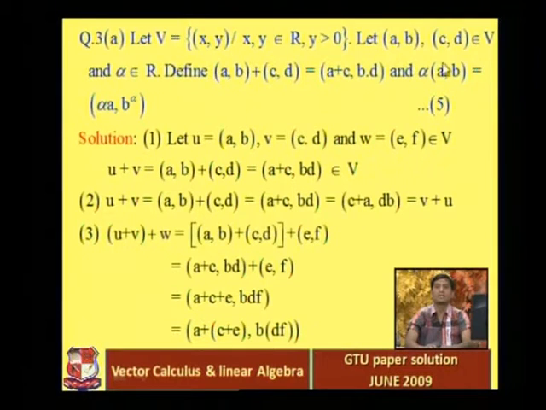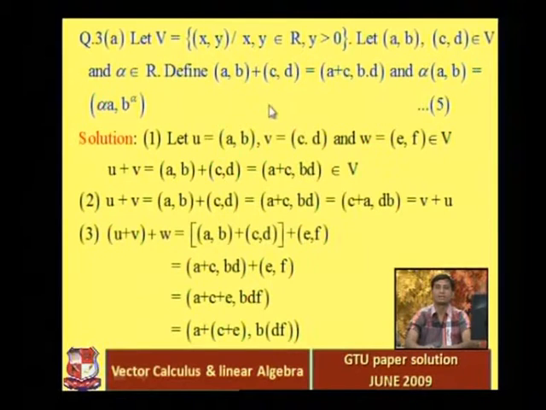Let (a, b) and (c, d) belong to V and alpha belong to R. Define (a, b) plus (c, d) equal to (a plus c, b times d), and alpha times (a, b) equal to (alpha times a, b raised to alpha). Using this addition and scalar multiplication, we have to prove that the given set is a vector space.